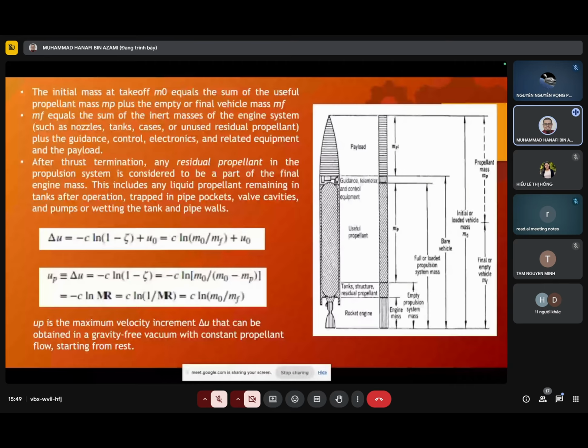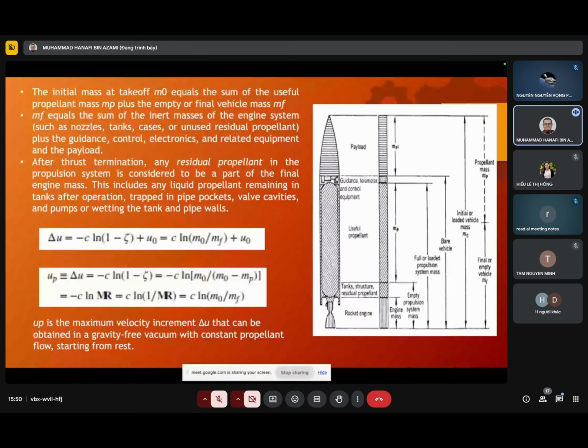Like I said, mf is the sum of inert mass, engine parts such as nozzle, tank, case, unused residual propellant, guidance, control, electronics, related equipment, and payload. So in mf you don't have propellant anymore. So m naught is mp plus mf.